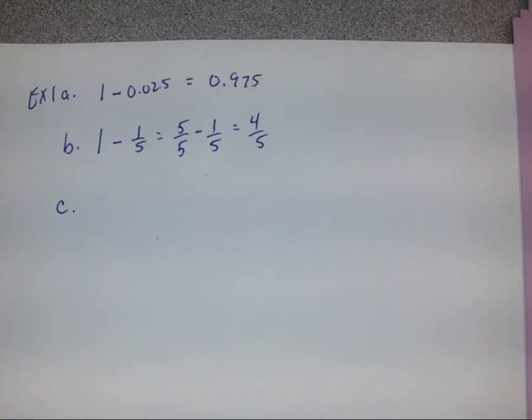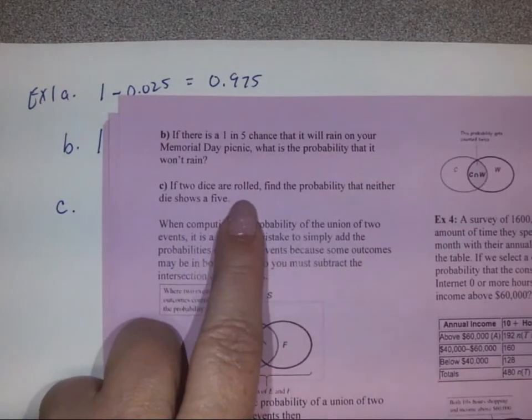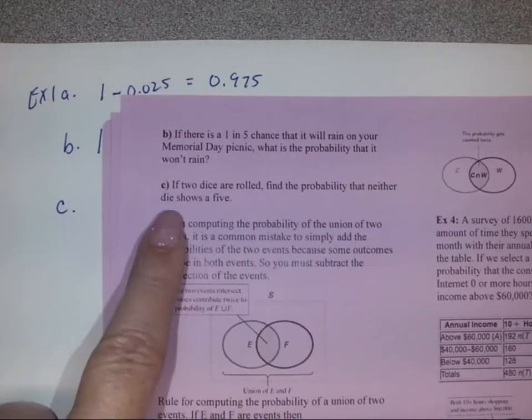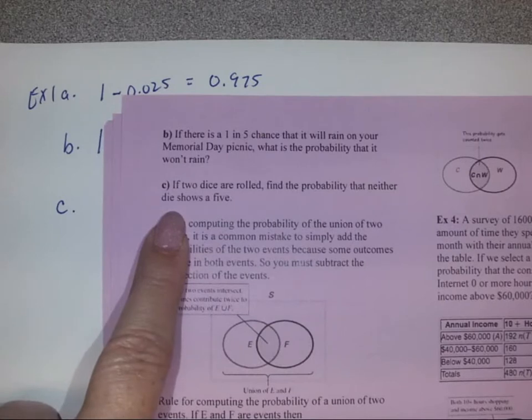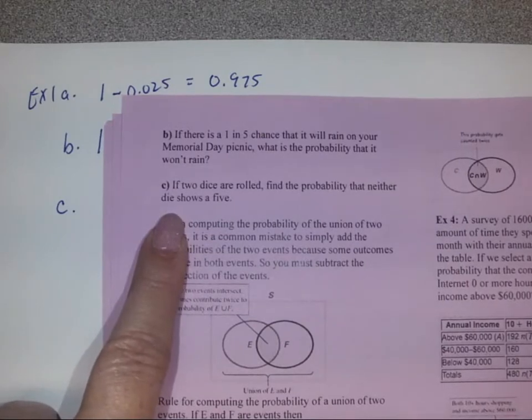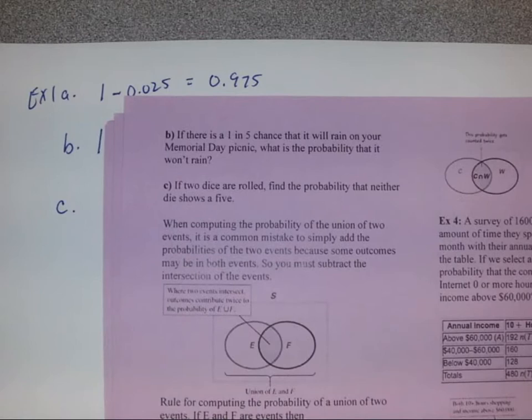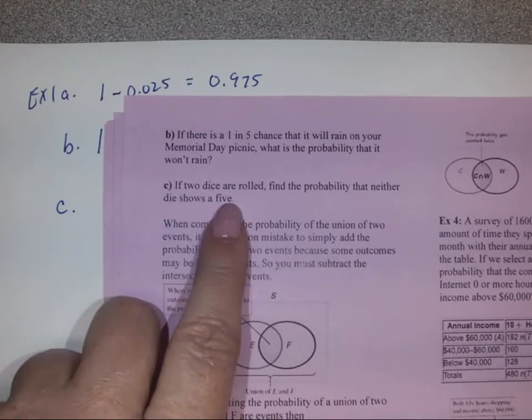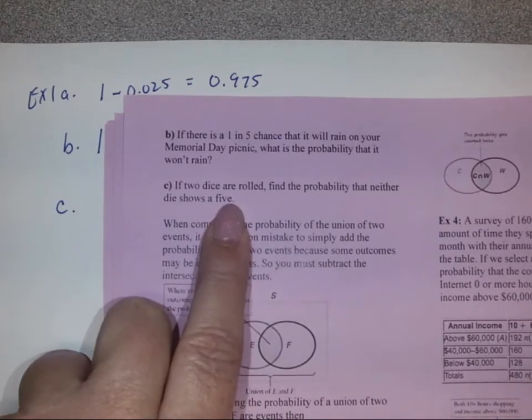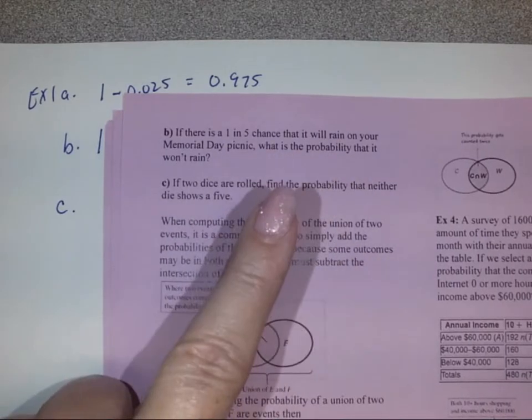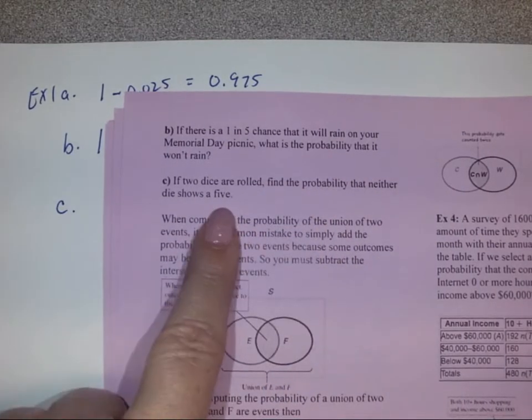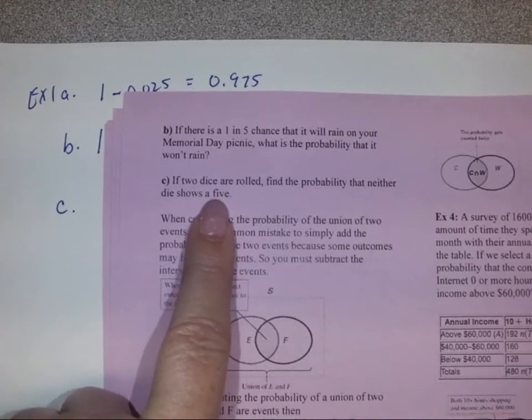Part C says if 2 dice are rolled, find the probability that neither die shows a 5. Well, we have to first figure out the probability of rolling a 5. The probability of rolling a 5 on a 6-sided die is 1 out of 6, right? It wouldn't matter what this number is.